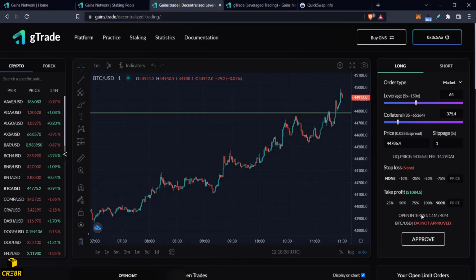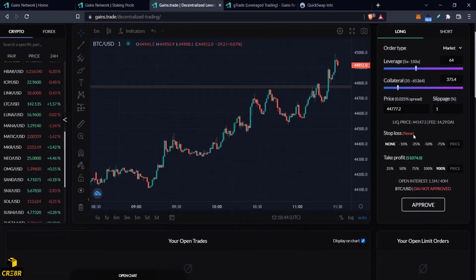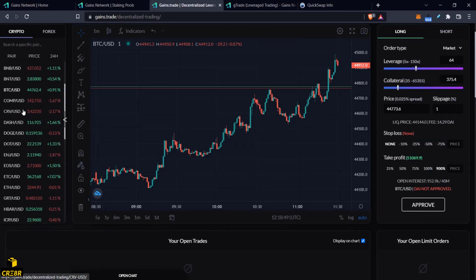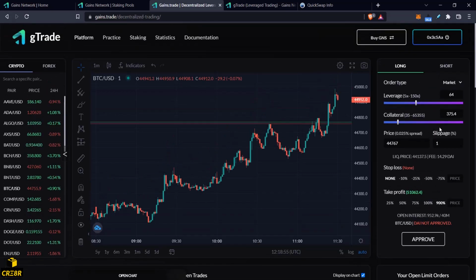The only thing you need to make a trade on any of these pairs is DAI. So you just need to come to this platform, connect your wallet, have some DAI inside the wallet, and then you can trade any of these crypto pairs or any of these Forex pairs with that leverage that I mentioned and that I will talk about later.